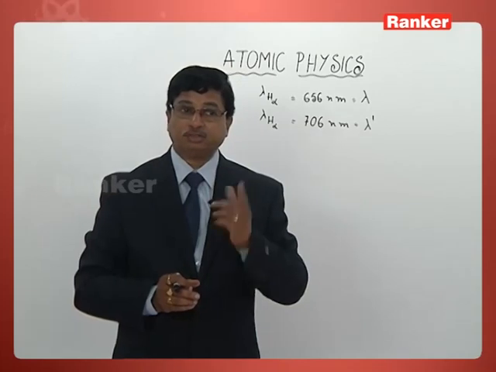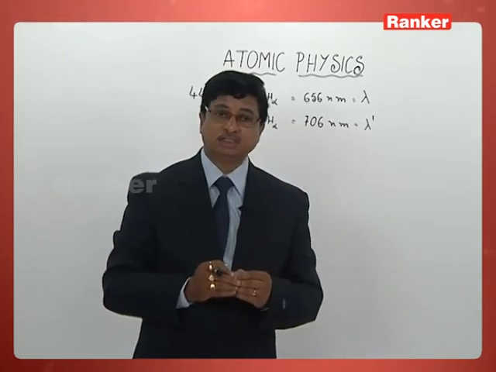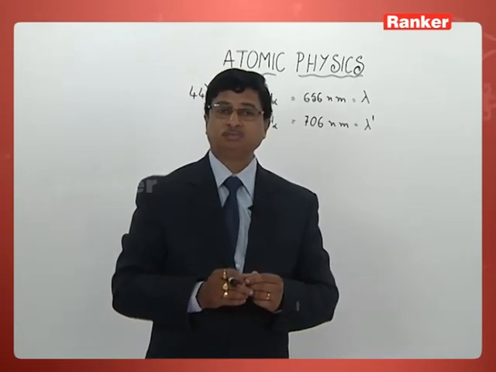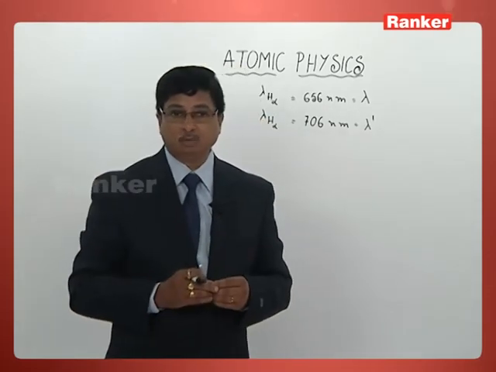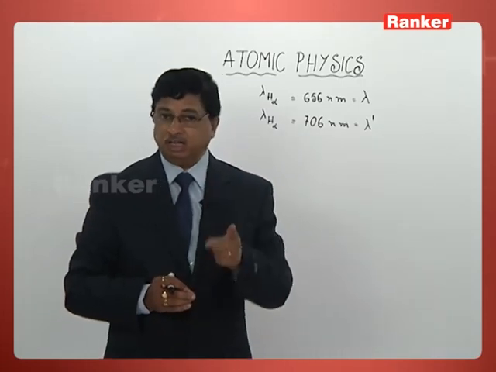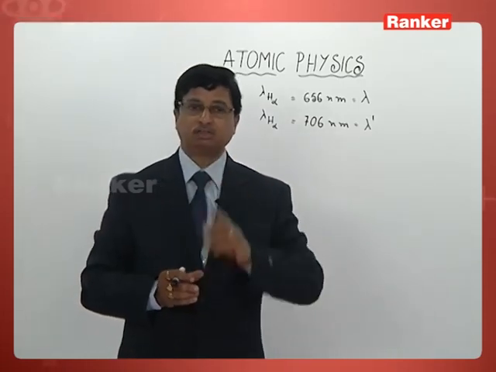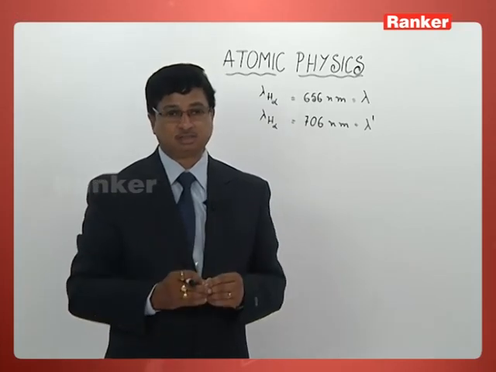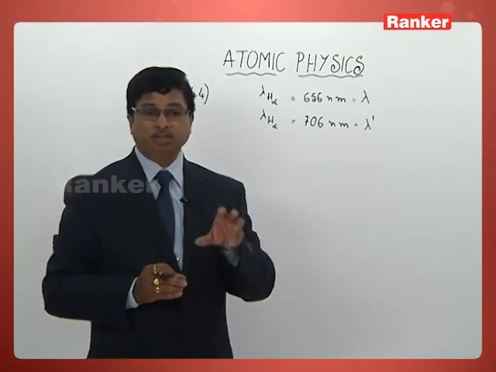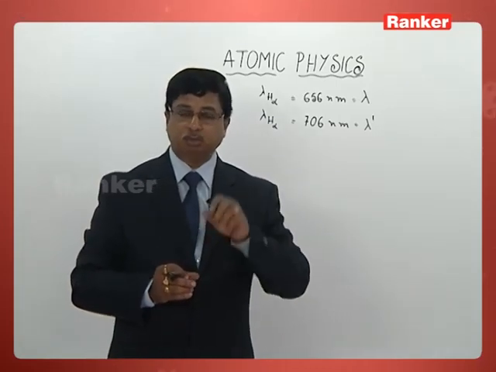As long as the source is at rest, there will never be any change in the wavelength, we all know that. So what is the concept here? Since the galaxy is in motion, there is a change in wavelength. So first understand that.